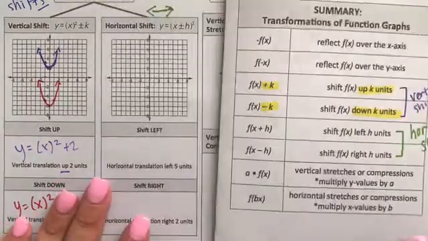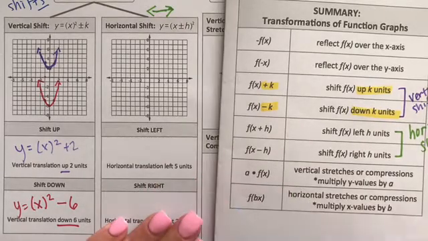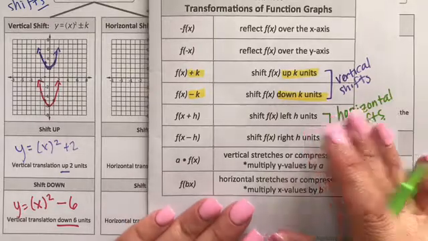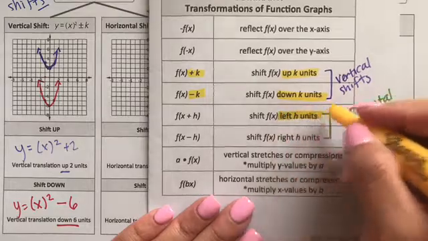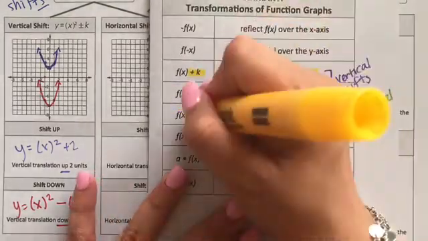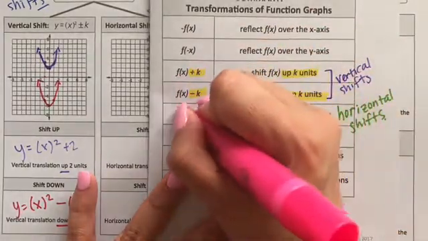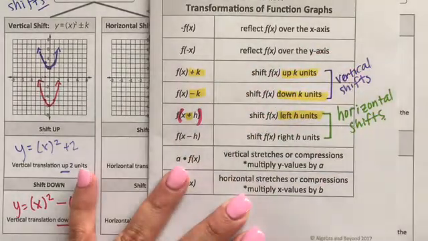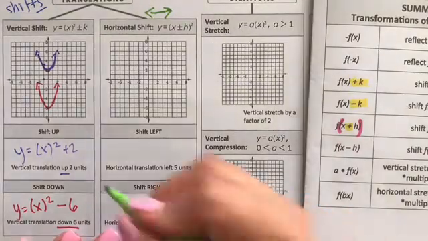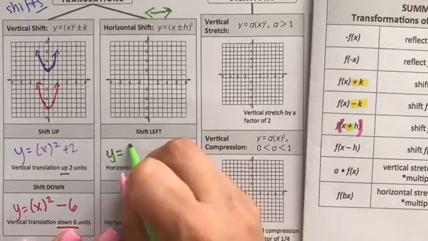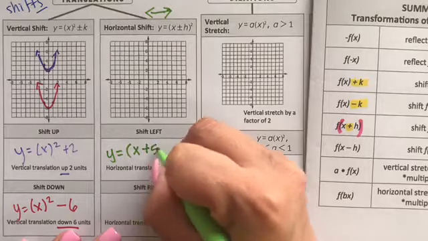The first one says it's going to be a horizontal shift left 5 units. If I'm going to go left a certain number of units, I'm actually going to add to the parent function, and I'm in the parentheses. You're in the parentheses this time; before you were outside the parentheses. It's going to be y equals (x plus 5) squared.